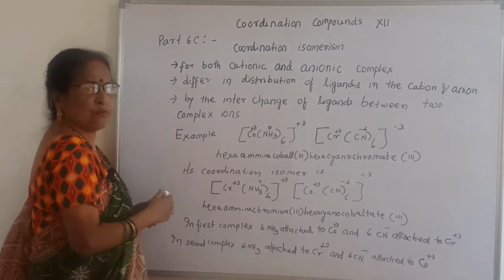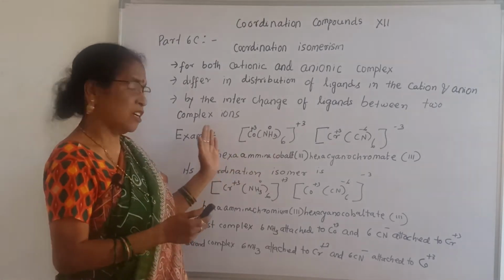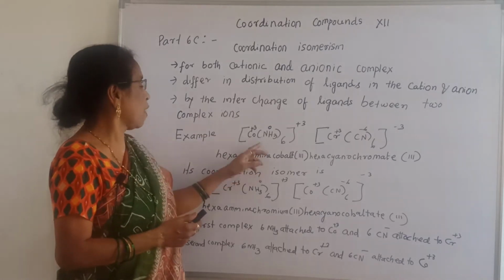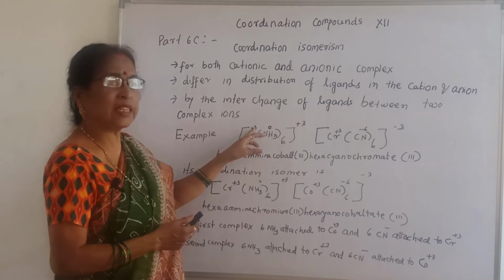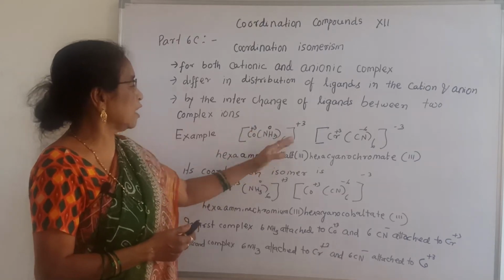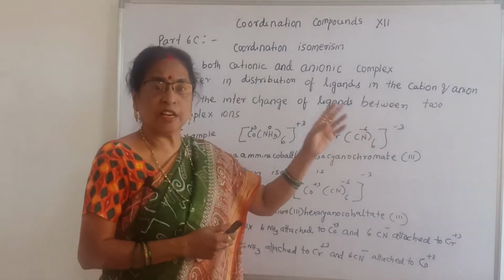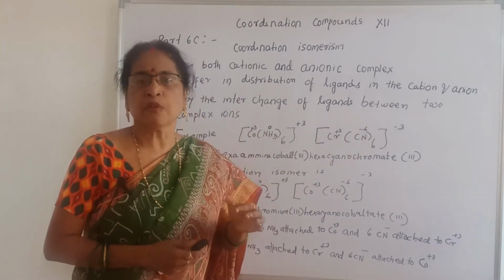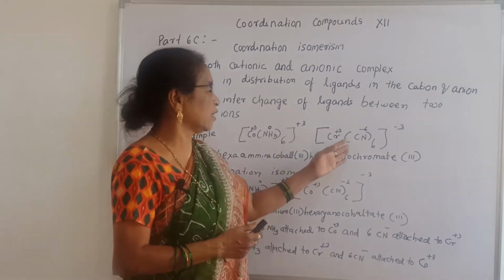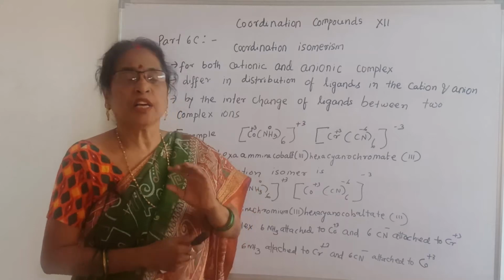Now see what the name is. First you check the name: hexaamminecobalt(III). Cobalt 3, because the charge is 3. And this one is hexacyano, but it is minus 3. If the complex ion has a negative charge, as I told before, the metal name ends in -ate with the Roman numeral.